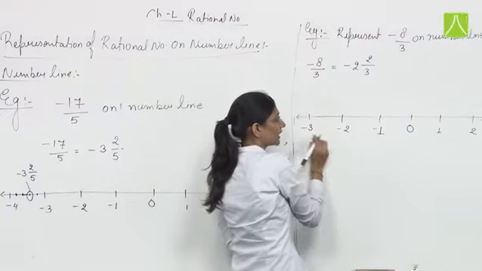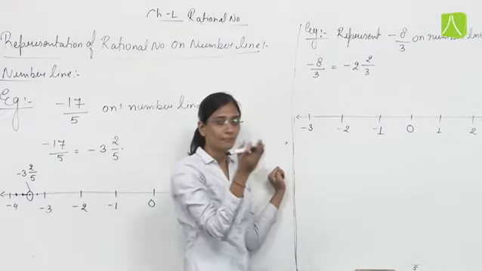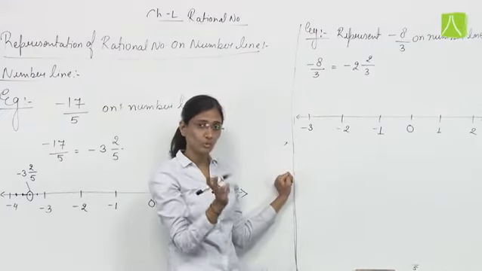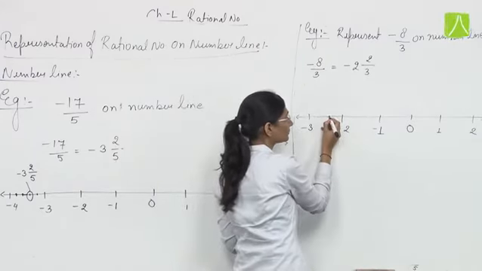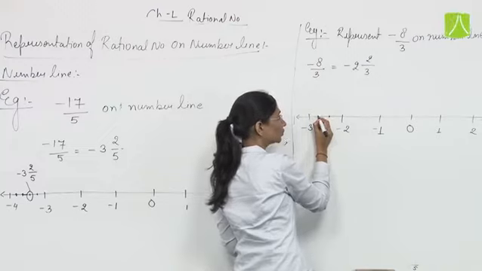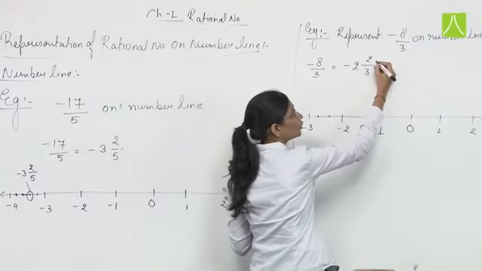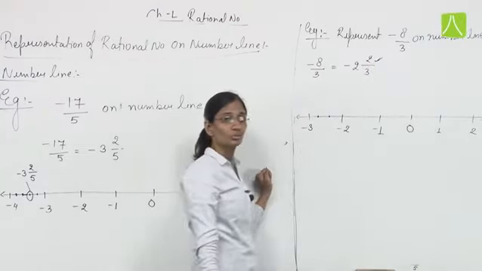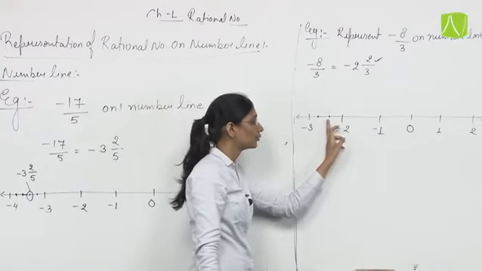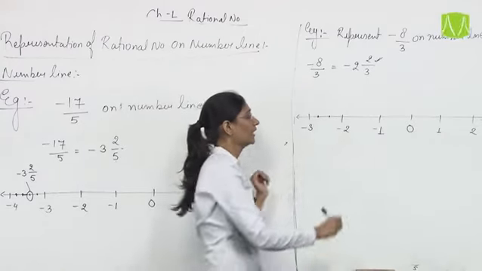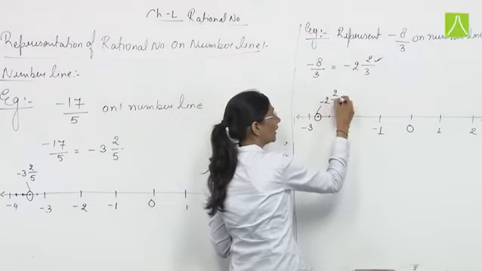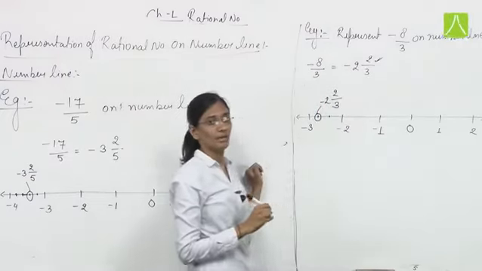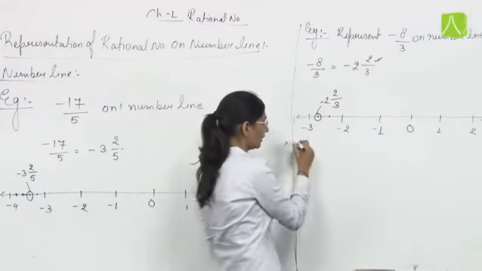Therefore, divide this section into 3 equal parts by drawing 3 minus 1, 2 lines at equal distances. Line number 1, line number 2. The numerator is 2. Therefore, the second line, 1, 2. The second line will represent minus 2 and 2 by 3 on the number line. One more example.